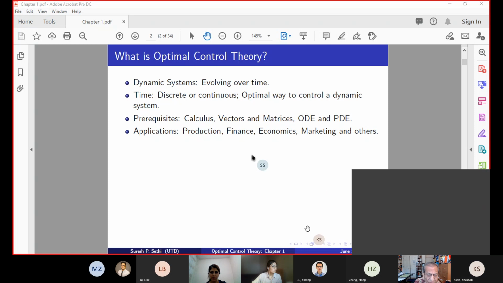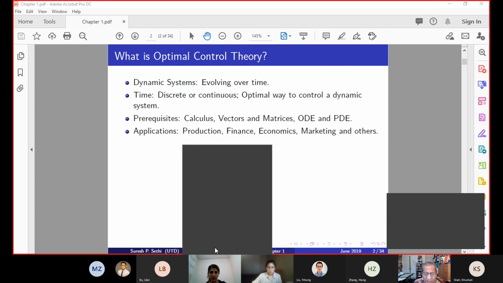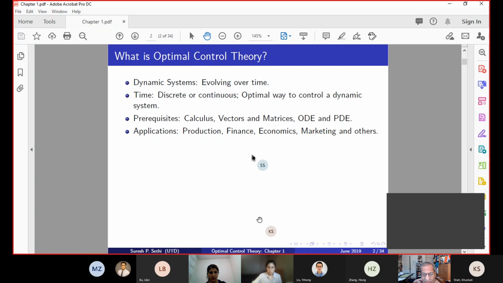As I mentioned, we need one year of calculus, so you need to know how to differentiate and integrate. You need a little knowledge of vectors and matrices, not a big knowledge of linear algebra, but at least what vectors and matrices are and some operations on them. You need to know something about ordinary differential equations because we will be using a lot of them.